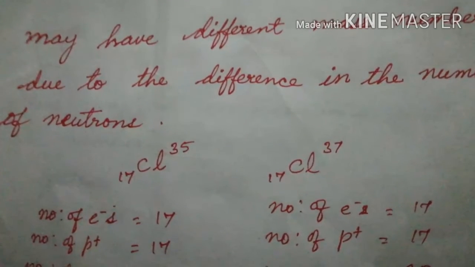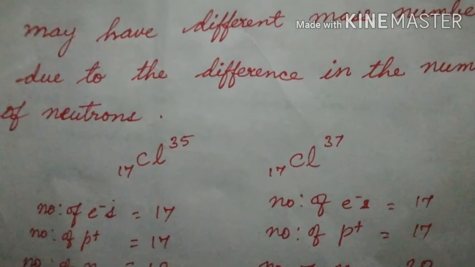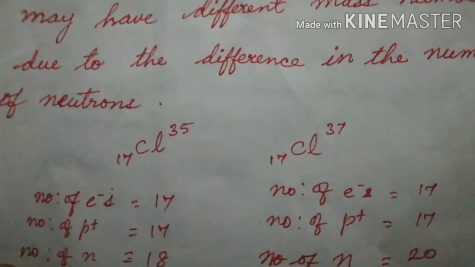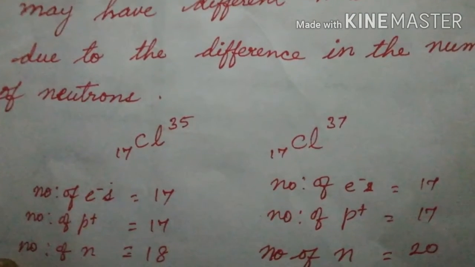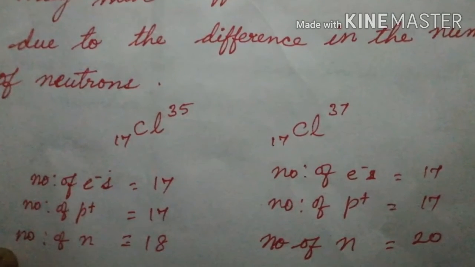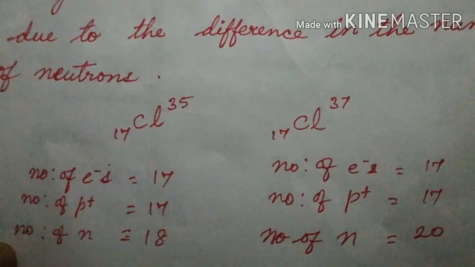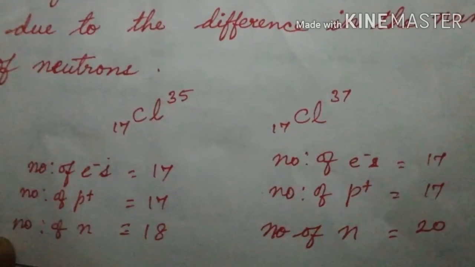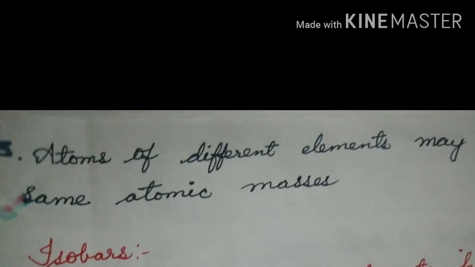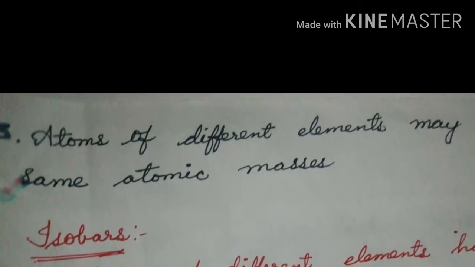So due to this variation in the number of neutrons, there are some atoms of the same element having different mass number or different atomic mass, thus forming isotopes. The third postulate is atoms of different elements may have the same atomic masses.